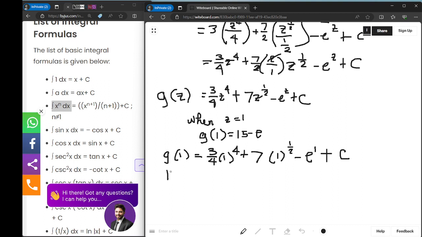Again, this is g of 1, which is 15 minus e, and that is equal to 1 raised to 4, which is just 1. So what will be left is 3/4 plus 1 raised to 1 half. Whatever we do to 1, it will always be equal to 1. So we have 7 minus e to the 1, which is just e, then plus c.